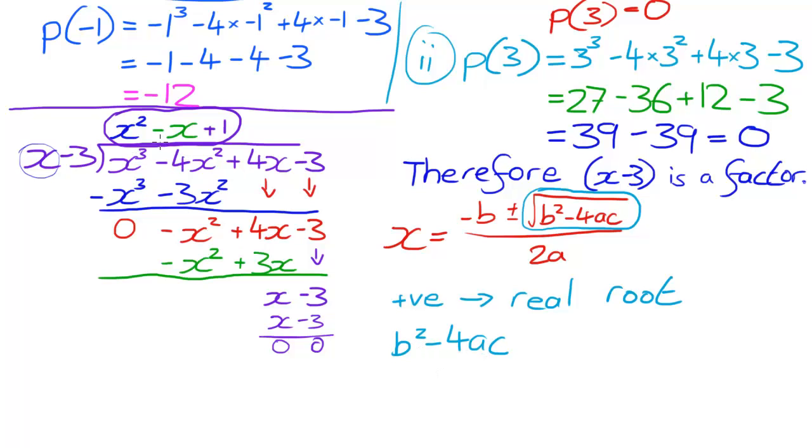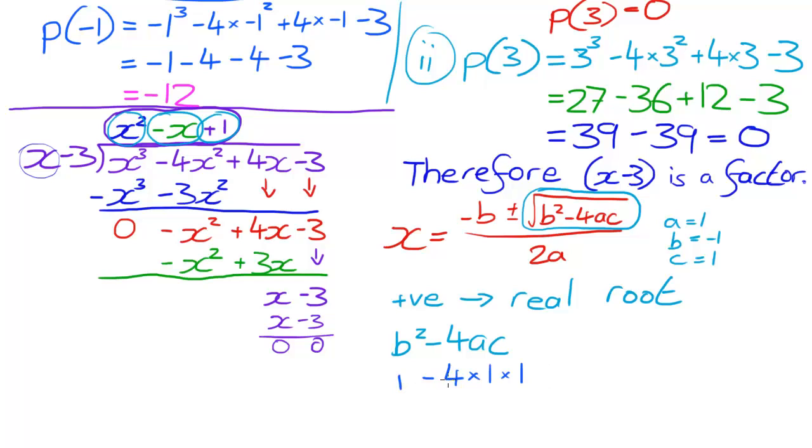If we look at our quadratic, so we have an x squared, a minus x, so a is going to be 1. Let me write this down. A is going to be equal to 1, b is going to be equal to minus 1, and c is going to be equal to 1. So b squared minus 4ac is going to be minus 1 squared, which is 1, then minus 4 times 1 times 1.